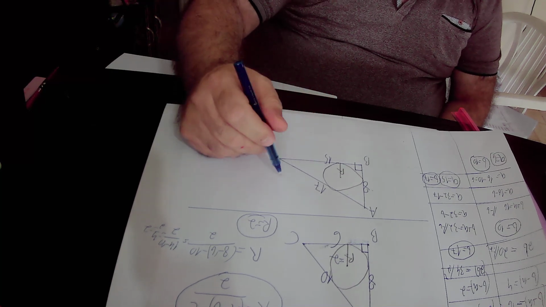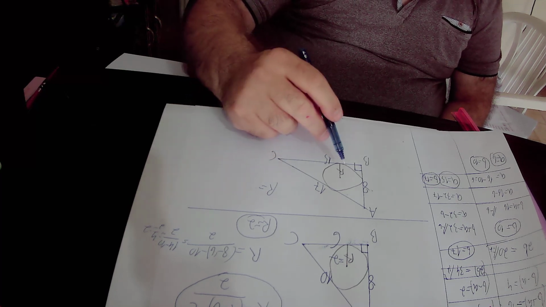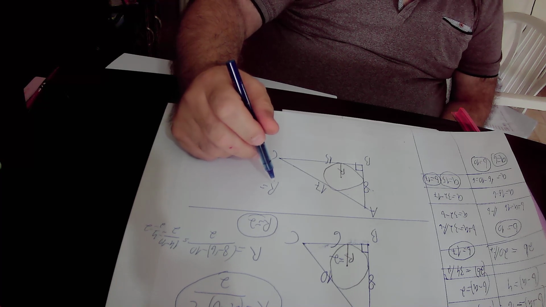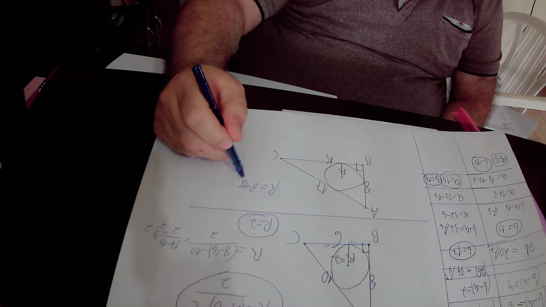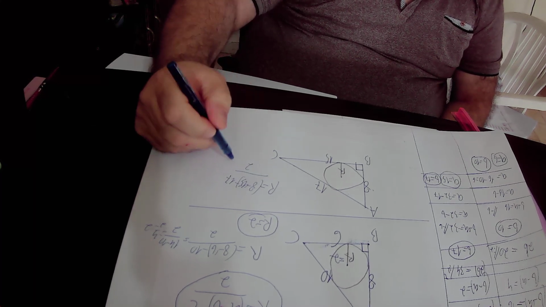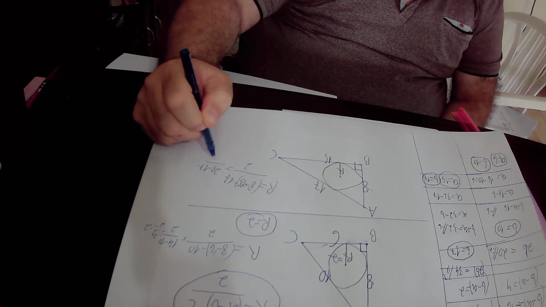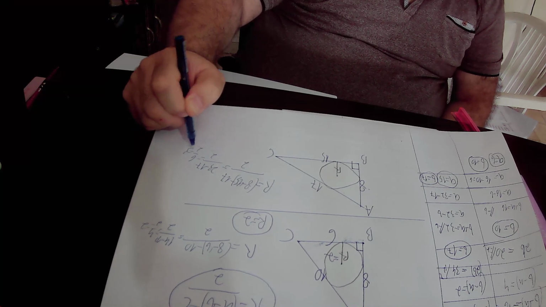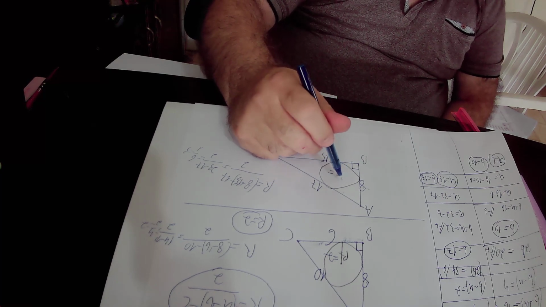So here the radius will be equal to A plus B. A is 8, B is 15, minus the hypotenuse, that is 17, over 2. 8 plus 15 is 23, and 23 minus 17 is 6, and 6 over 2 is 3. So I found out that the radius of this circle inscribed in this specific triangle, triangle ABC, equals 3 units.